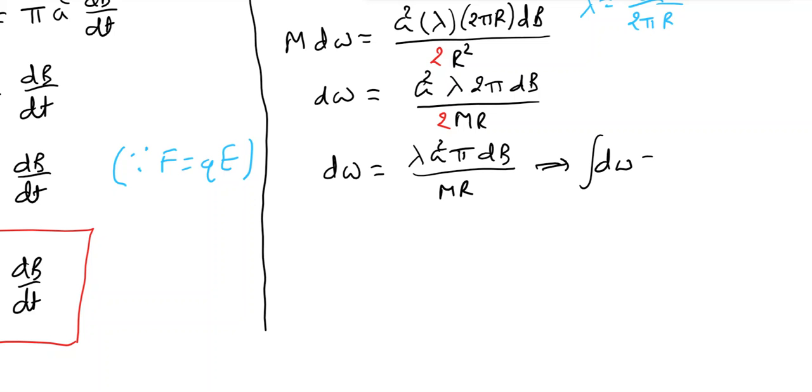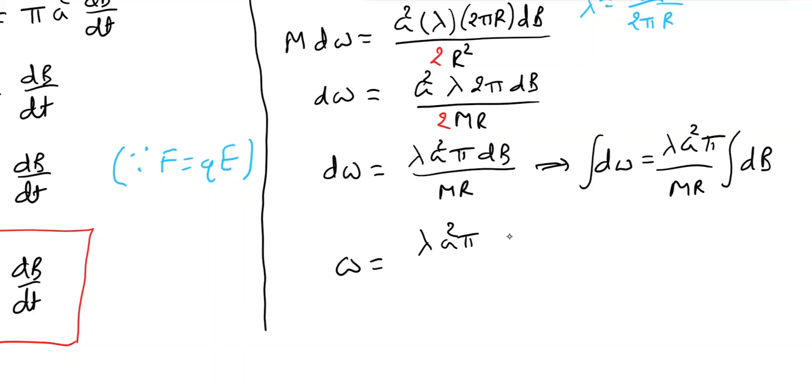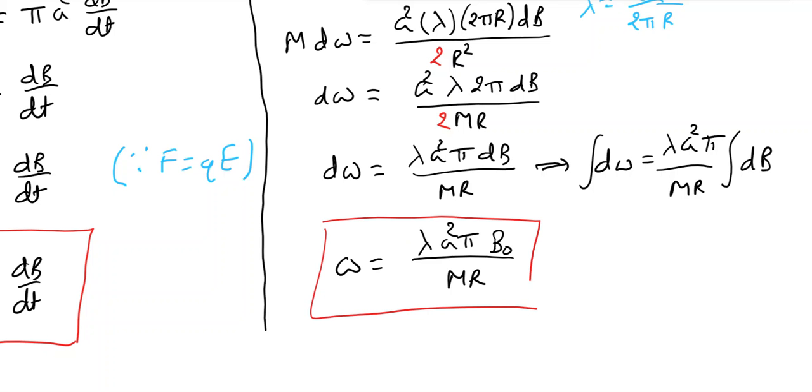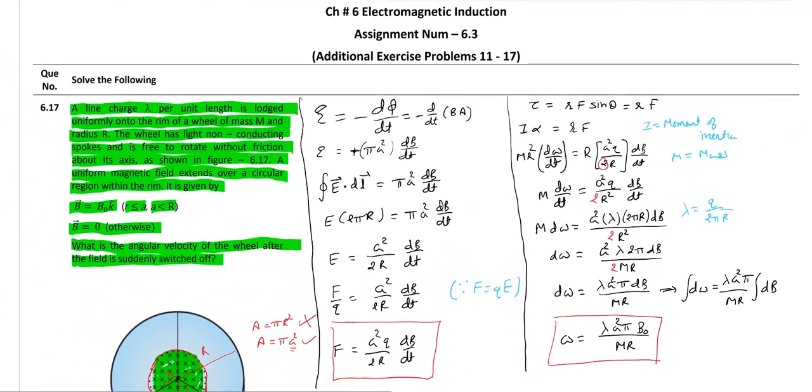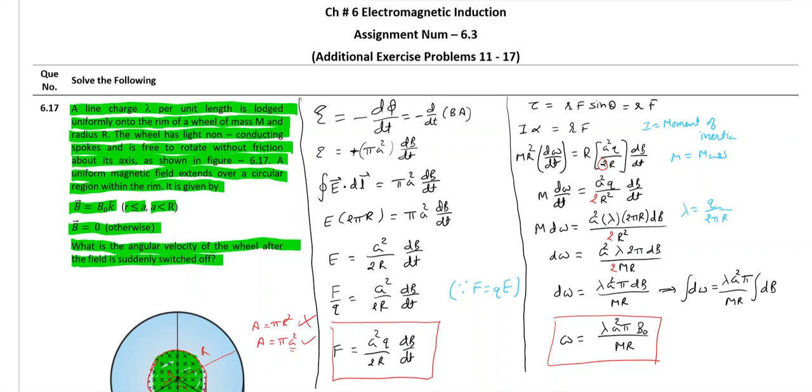So d omega equals lambda a square pi, both constant, upon m R, integration of dB. We end up with the expression omega equals lambda a square pi B0 upon m R. This is the angular velocity which we will observe when the magnetic field is switched off. And that was the problem. Thank you.